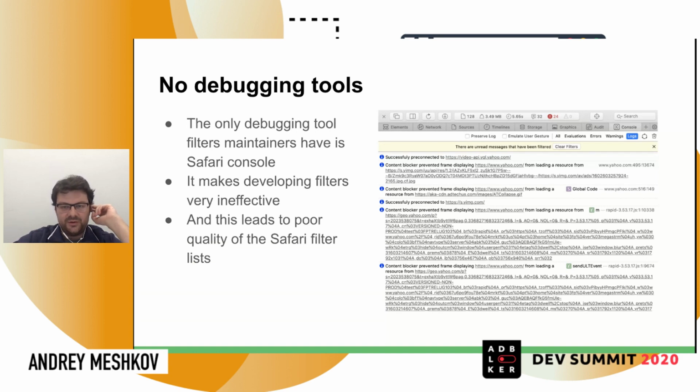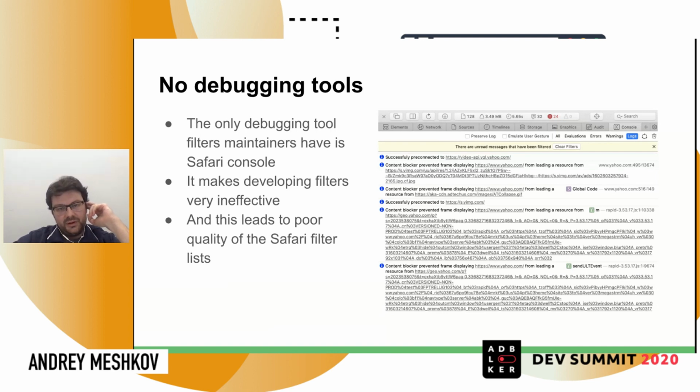And figuring it out may be a very tiresome process. You can just learn that this or that request is blocked, and that's it. This all makes developing filters for Safari a very, very ineffective process. And that is why filter maintainers prefer to use other browsers over Safari when it's possible.